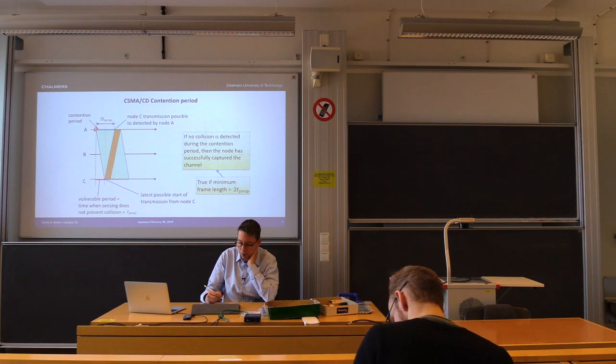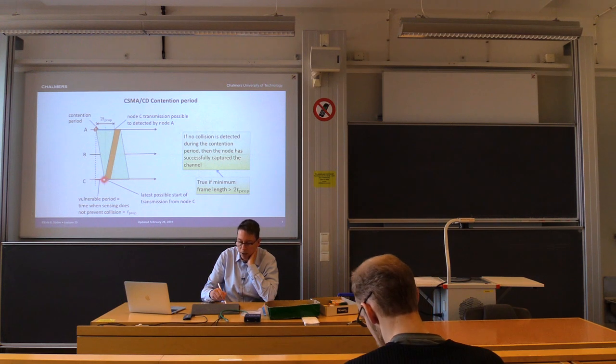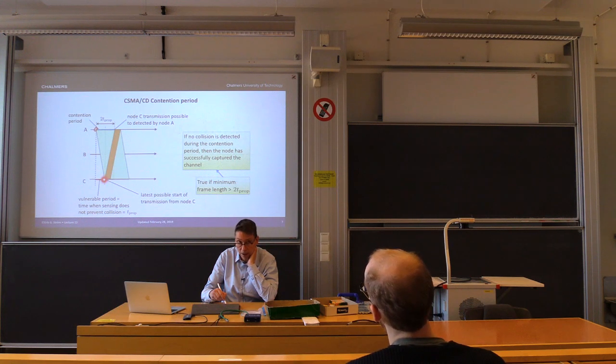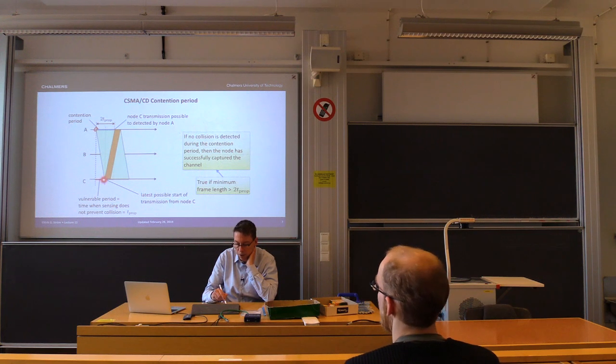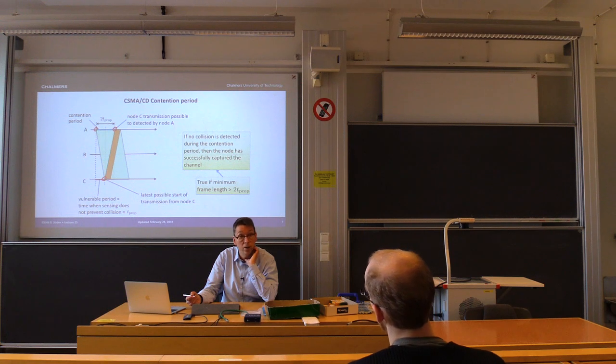Well, the first time it can notice the collision is the time it takes to go to the other end, and then the frame from the other end can start at this point without violating the sensing. Station C here will sense the channel to be idle until this time. So this is the last time Station C can start to transmit. And if it does that, then this is the latest time when Station A is aware of that transmission.